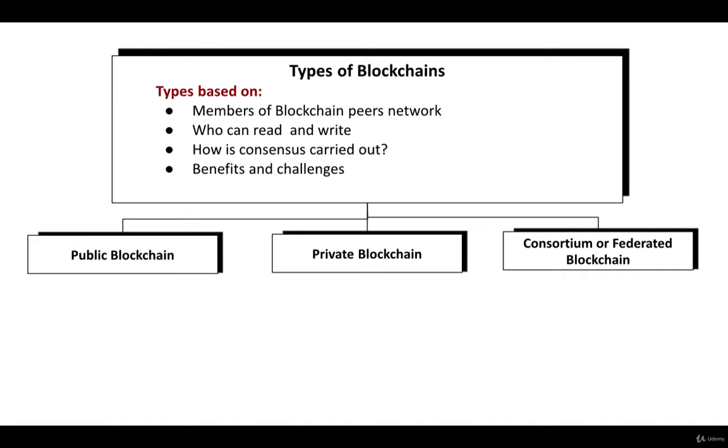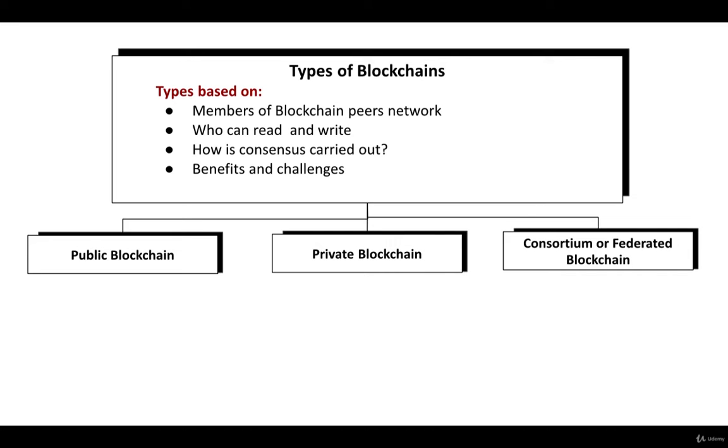So anyone can read and write to the transactions, and the transactions in a public blockchain are anonymous and transparent. So typically a public blockchain is fully decentralized, and the major issue or the challenge with the public blockchain is the amount of computational power required to maintain the distributed ledger in the public environment.